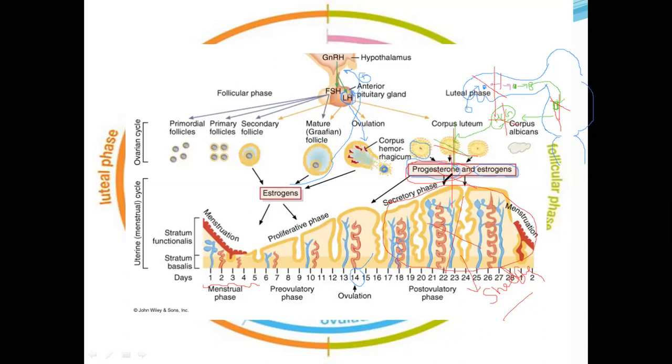Let's suppose the pregnancy happens, right? It means implantation happens. So this corpus luteum is producing estrogen and progesterone. At that time, remember, this estrogen and progesterone have negative feedback on LH and FSH. LH and FSH will not be produced, because this progesterone and estrogen are inhibiting what? FSH and LH production. Why are they inhibiting?